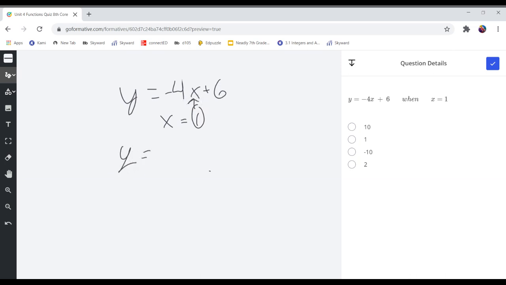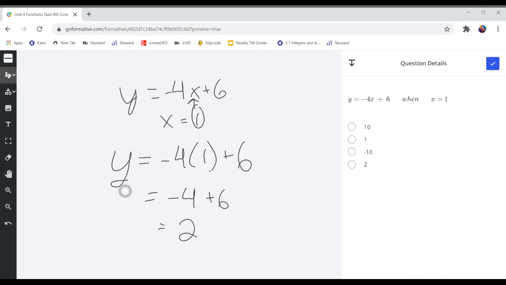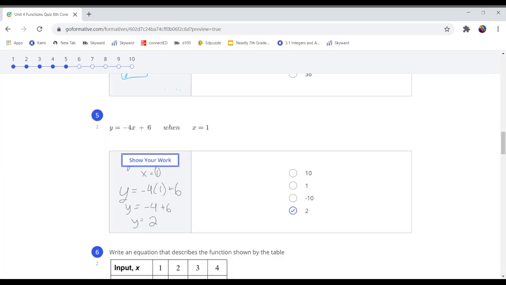So y equals negative 4 times 1 plus 6. Negative 4 times 1 is negative 4. Add 6. Negative 4 plus 6 is a positive 2. So that means y equals 2. So that's the last option.